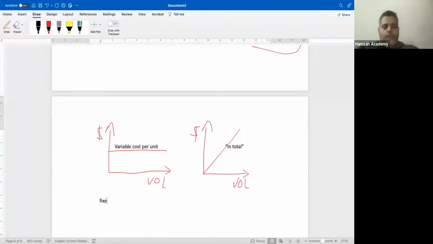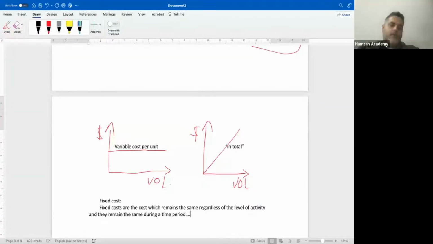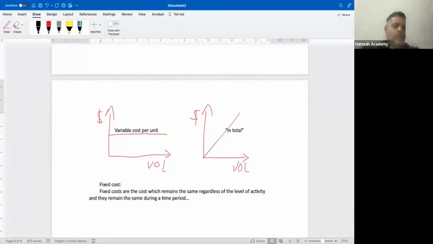And then we have fixed cost. Fixed costs are the cost which remains the same regardless of the level of activity, and they remain the same during a time period, right?